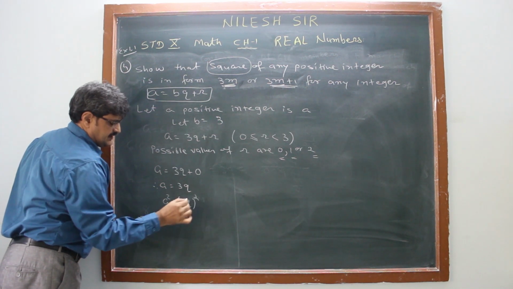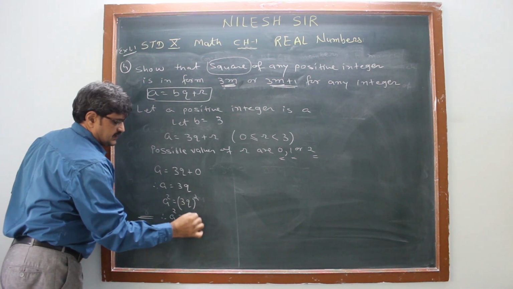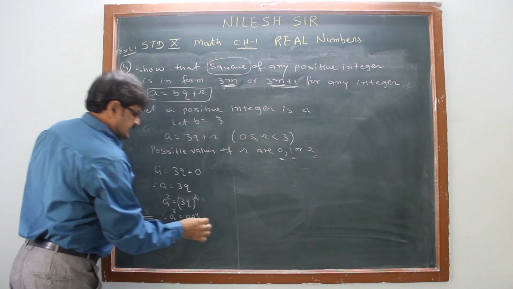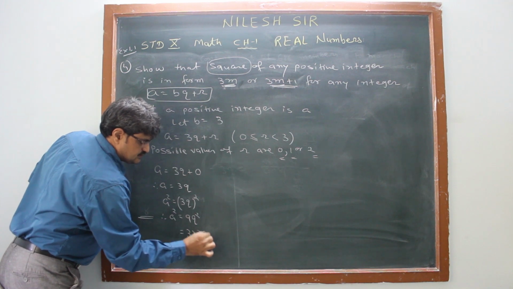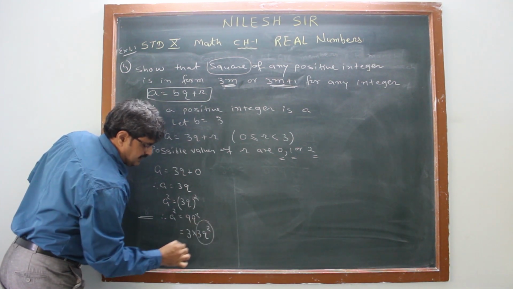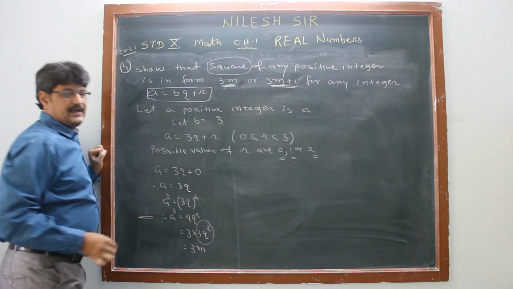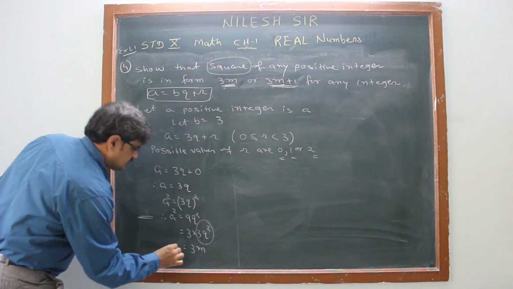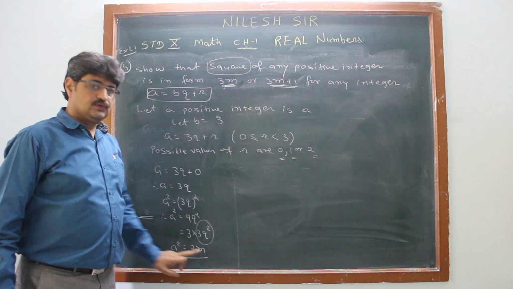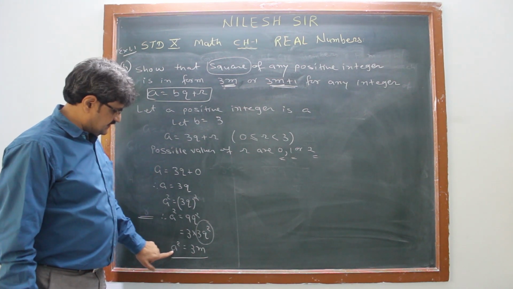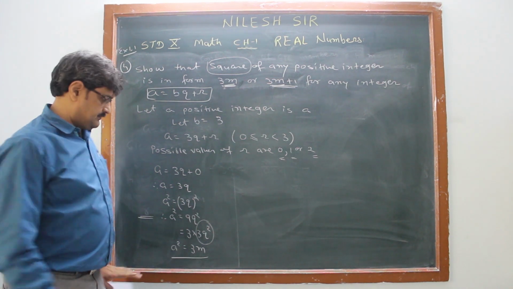So a square is equal to 9q square. This 9q square can be written as 3 into 3q square. Now I will assume this 3q square as m. So I will get the first one, that a square is equal to 3m. That is, the square of an integer is in the form of 3m.